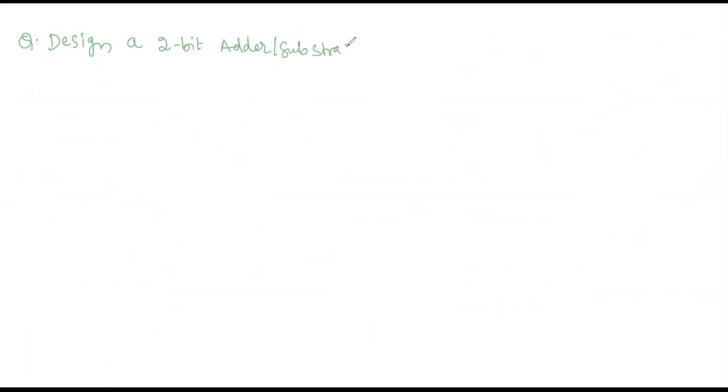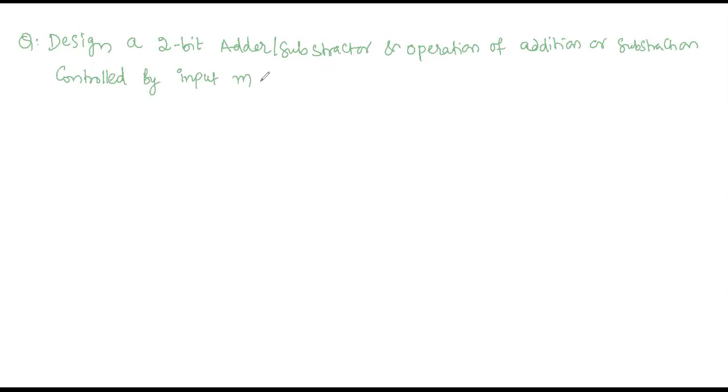So the same circuit should act as an adder and at the same time a subtractor, and the operation of addition or subtraction is controlled by input M. Okay, one input is there, M. It is controlling adding and subtracting.